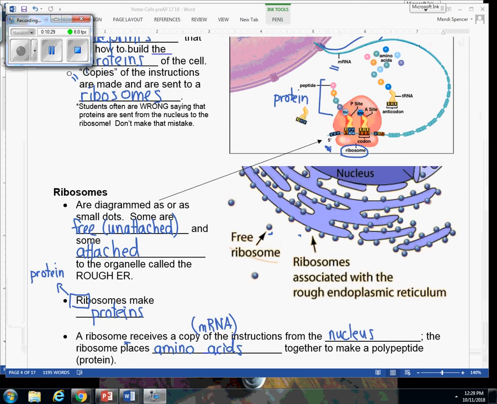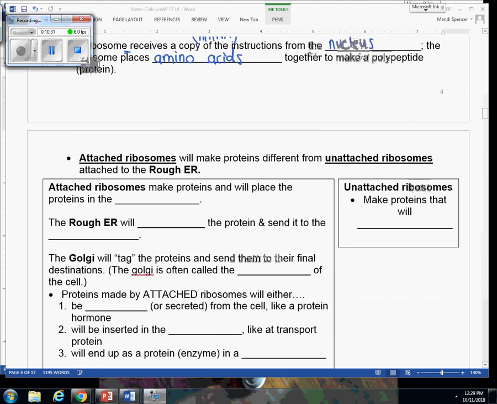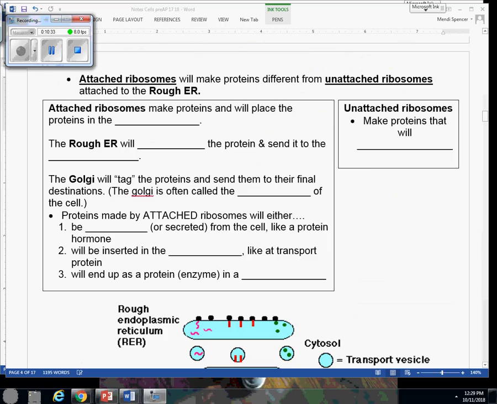Now, back to your note packet, and let's get some of that information down. Remember, attached ribosomes mean that they're on the Rough ER, and ribosomes are going to make proteins and place them in the Rough ER, the rough endoplasmic reticulum. The Rough ER is going to modify the protein and send it then to the Golgi.